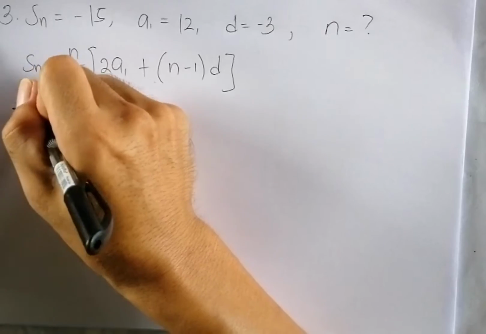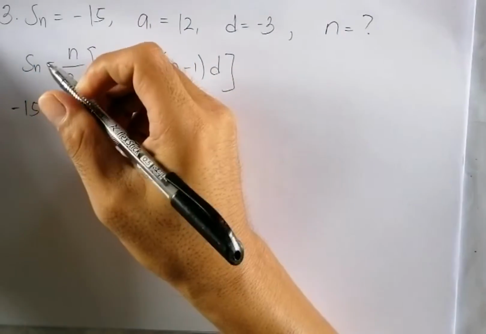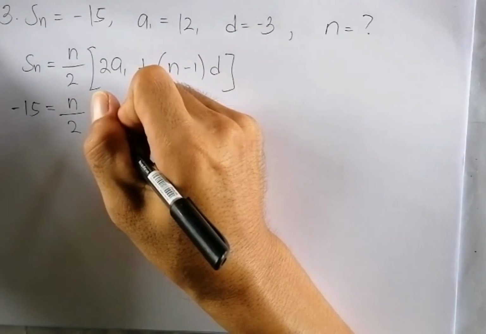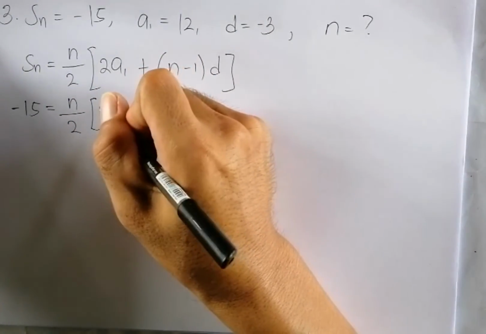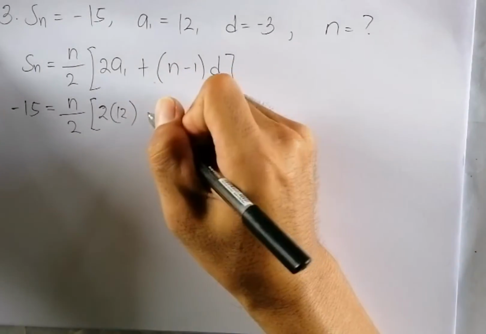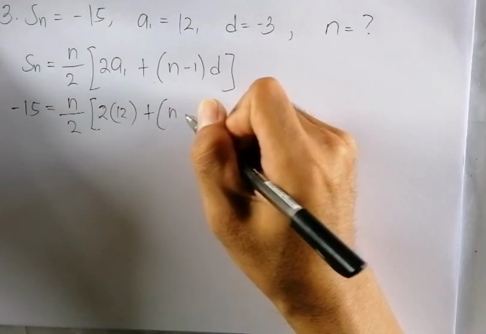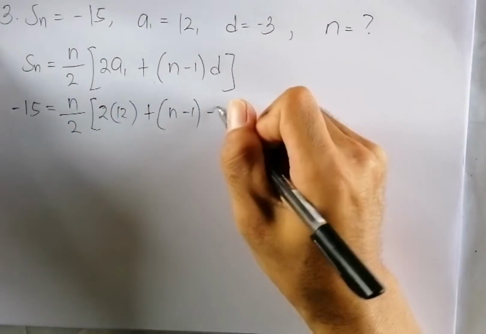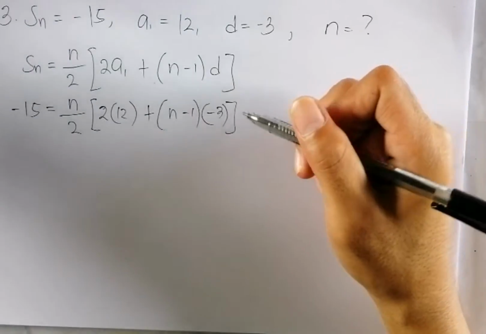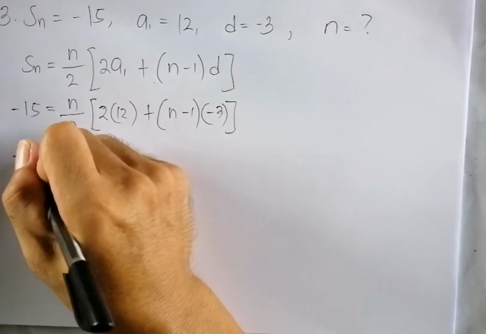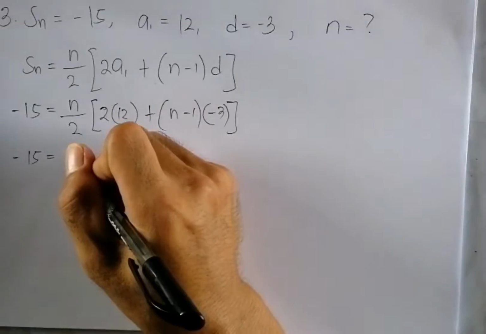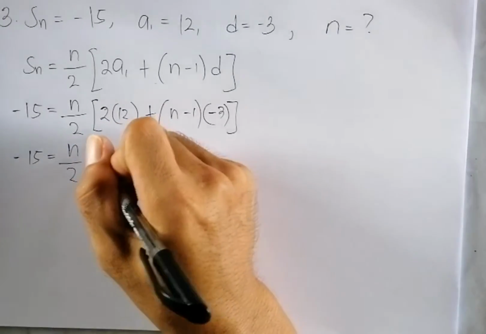So S sub n is negative 15, so negative 15 is equal to n over 2 times 2 times the value of a sub 1, which is 12, plus n minus 1 times negative 3.